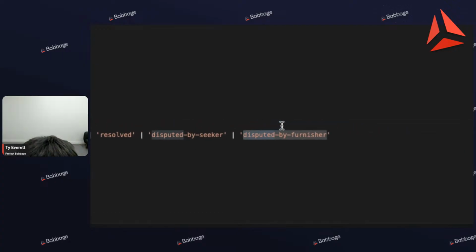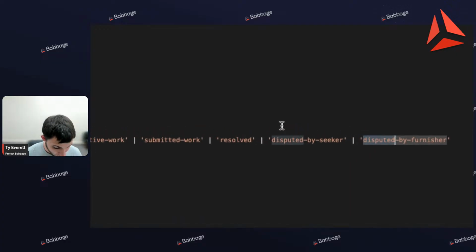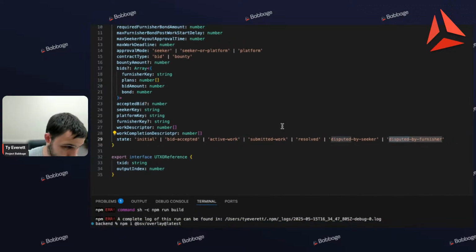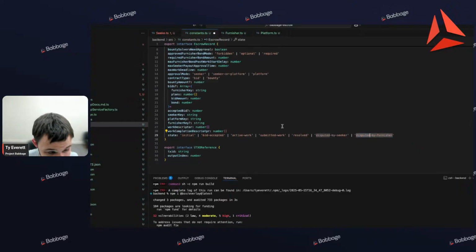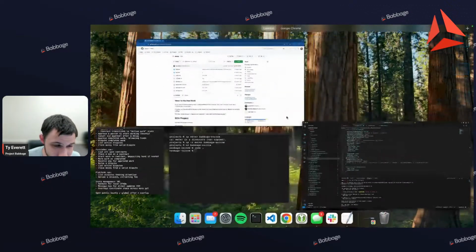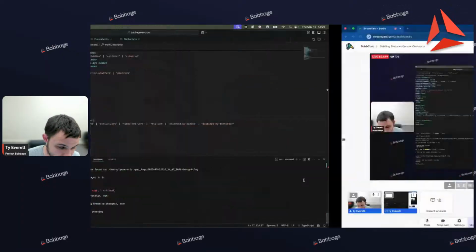And it can move to disputed by furnisher if after the amount of time allotted for review of submitted work, they're not getting paid. It hasn't been approved. And that's it. That's all of the things that can happen in this contract.